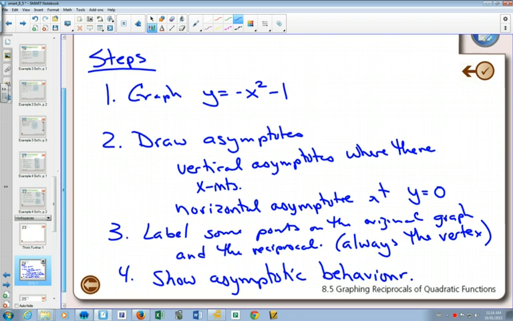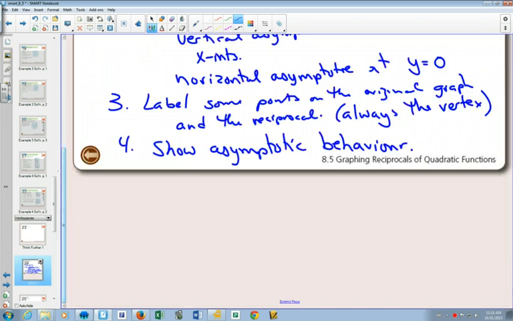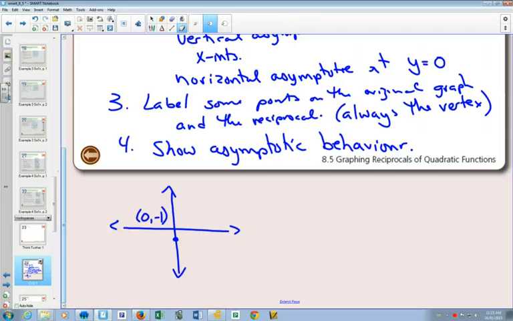So for this one, starting it off, we're going to start by graphing negative x squared minus 1. It's already in standard form. We know that the vertex is at 0, negative 1. Again, use different colored pens, so maybe you're doing your first one in pencil. Zero, negative 1.